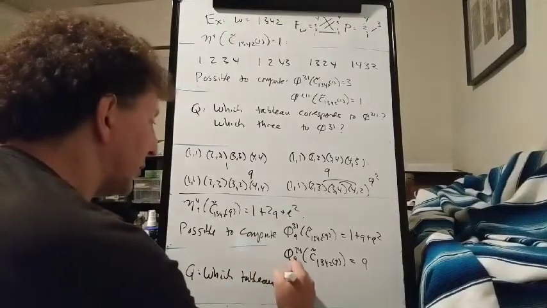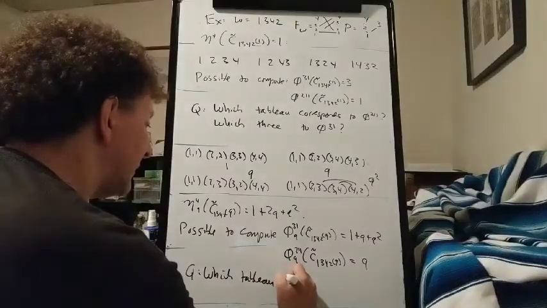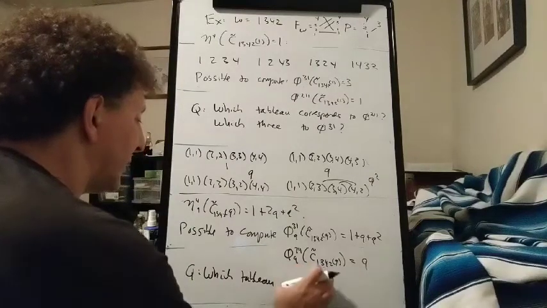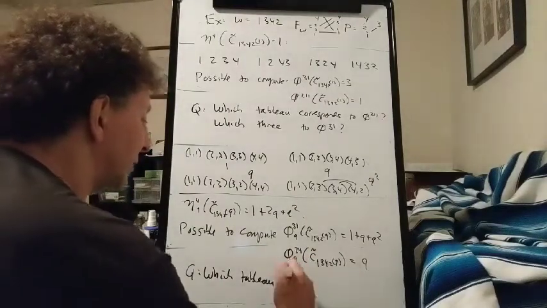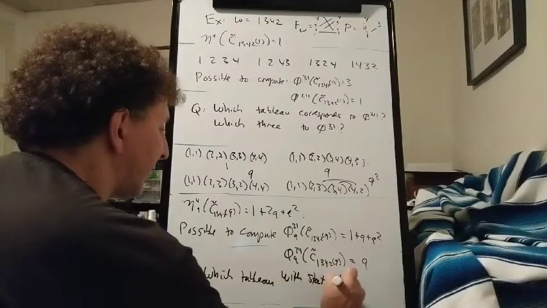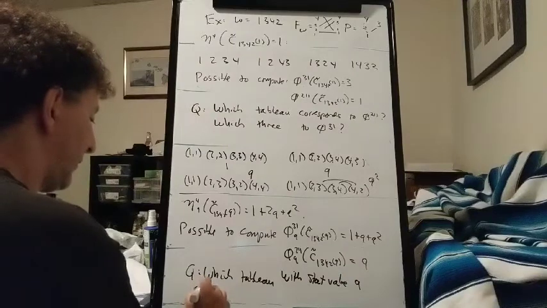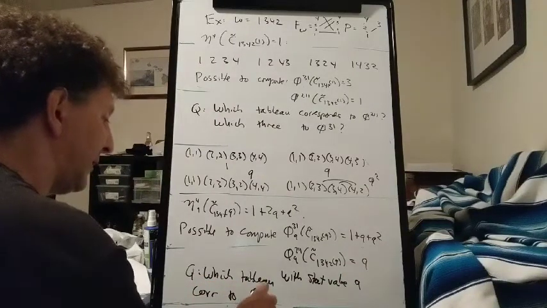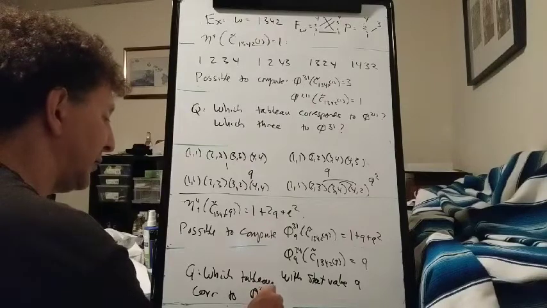So which tableau with statistic value Q corresponds to the evaluation of phi 2,1,1.